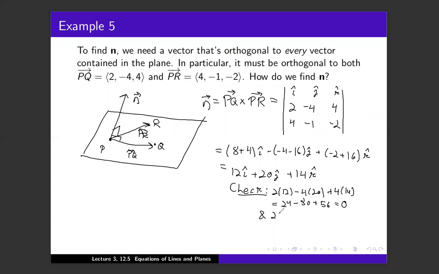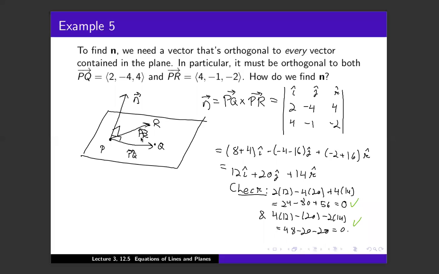Meanwhile, we have 4 times 12 minus 20 minus 2 times 14, and that's going to be 48 minus 20 minus 28, which is again indeed equal to 0. So good. We know in that case that we've calculated our cross product correctly.